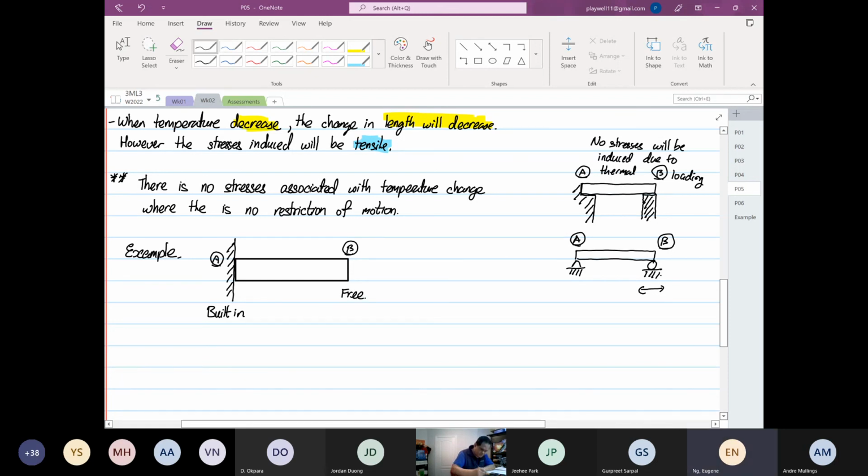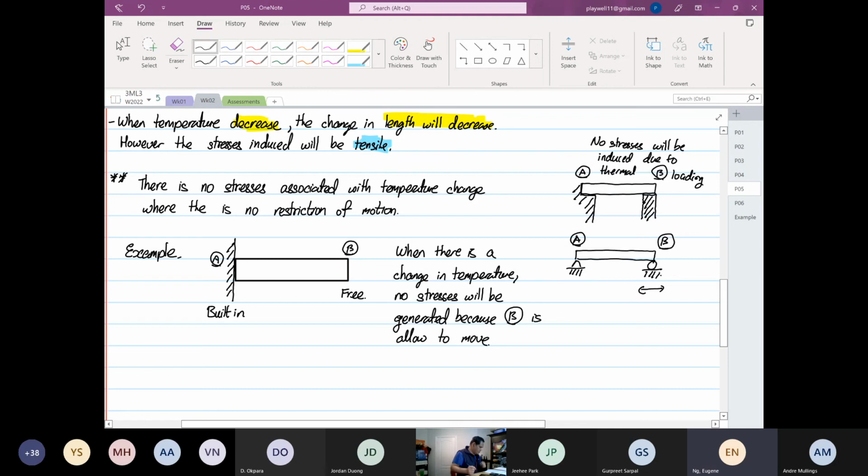And when there's a change in temperature, no stresses will be generated, because point B is allowed to move.